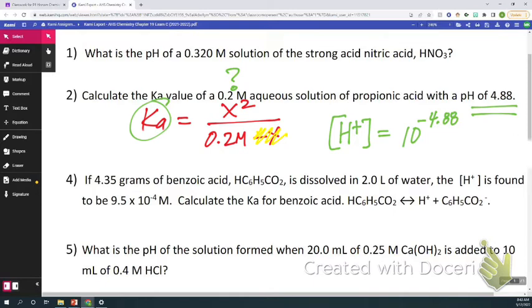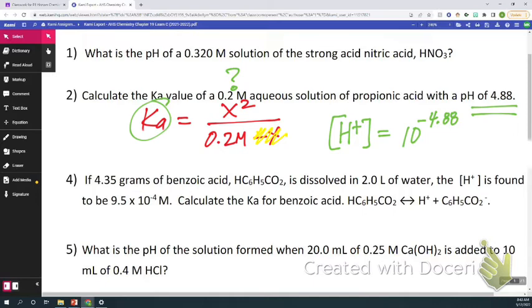So let's go all the way to the end. 10 to the negative 4.88. And that's H plus. I'm going to square that and divide it by 0.2.